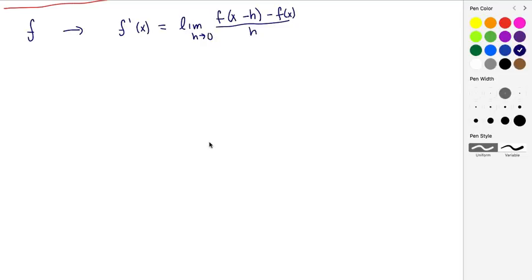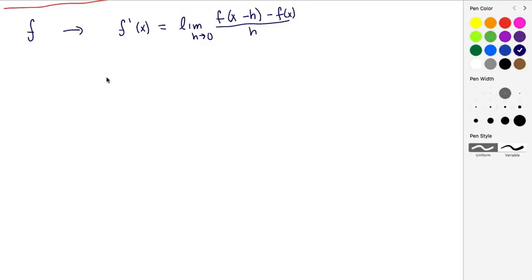This is called the derivative of f at x, and this only works provided that the limit does exist. Now, since we know that derivatives involve limits, we should expect that the rules of derivatives are going to follow closely to the limit rules we looked at before.